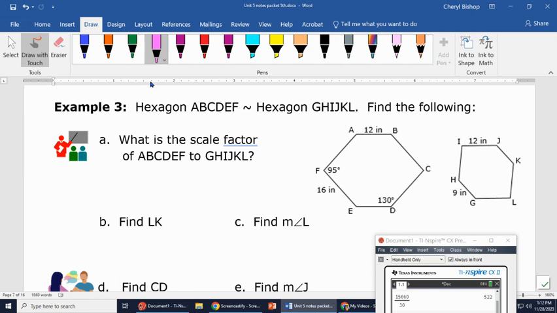So when I look at this picture, what side is going to correspond to this side right here that's 12? IJ? Because AB and IJ are corresponding, yes? Are those in the same spots? No, those are not going to match. What is AB actually going to match up with? AB is going to match up with GH.